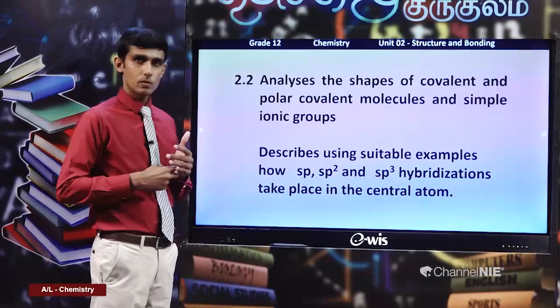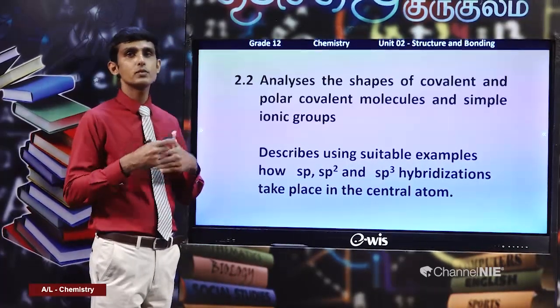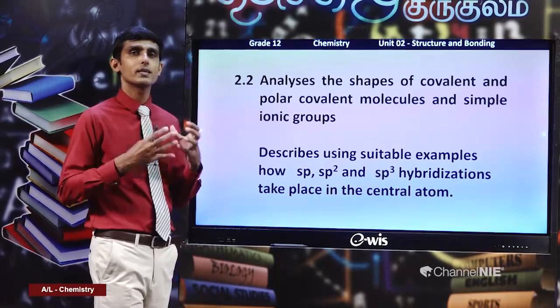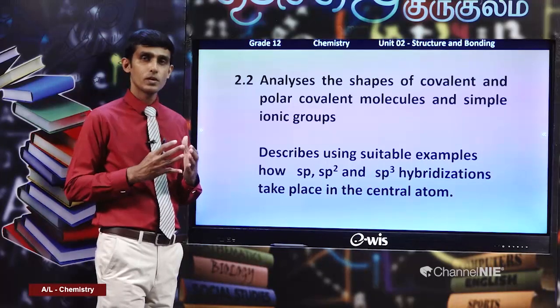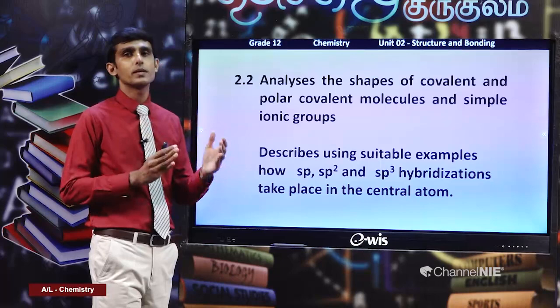explain a little bit about the way you are deducing the number of covalent bonds that a particular element can form based on its position in the periodic table.